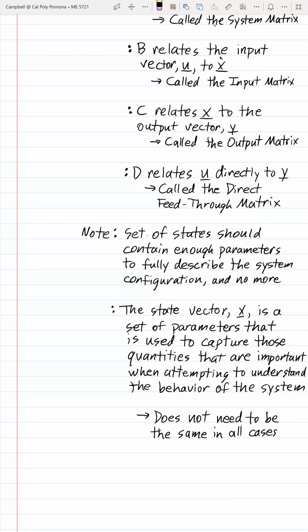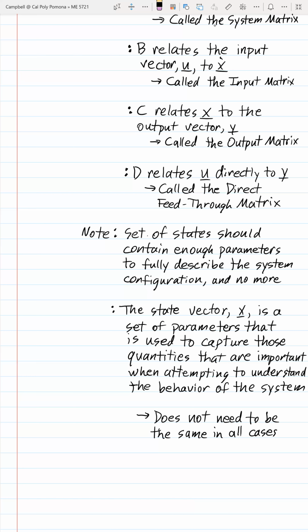But also, what does that mean? That's where this little sub bullet comes in, that the state vector does not need to be the same in all cases. Sometimes we may be interested in looking at a problem from one perspective, and that perspective may not lend itself well to a later analysis where we're interested in something a bit different.